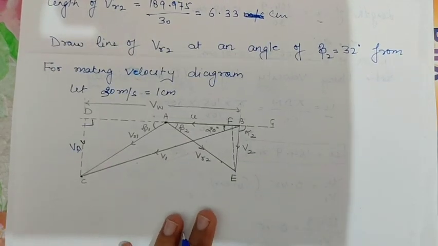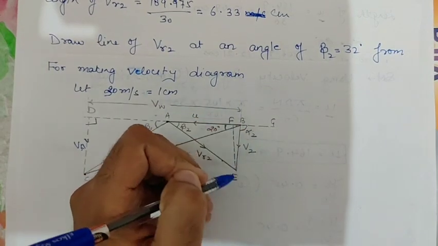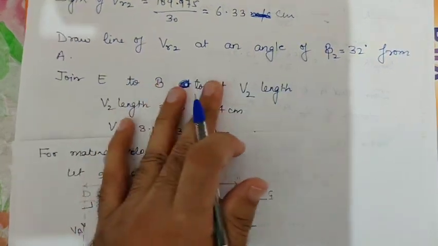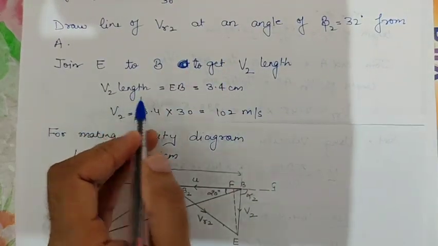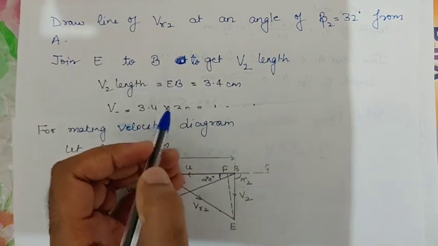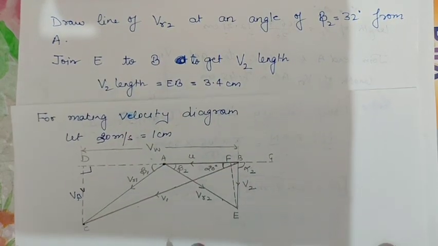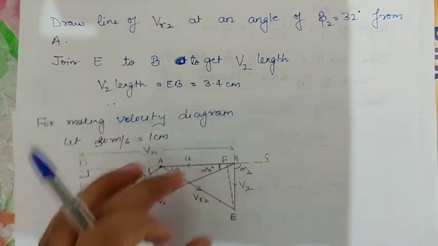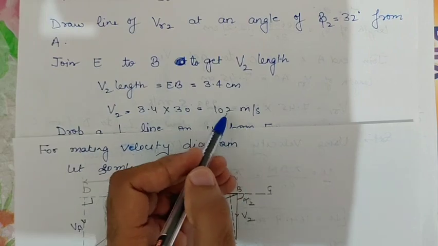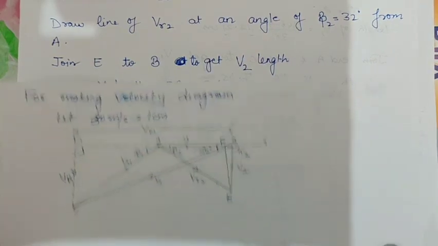Now for finding the value of V2, we have to join B with E, and the V2 length is EB. The V2 length is 3.4 centimeter, which I calculated by putting the scale here. Then V2 equals 3.4 into 30, that is 102 meter per second.